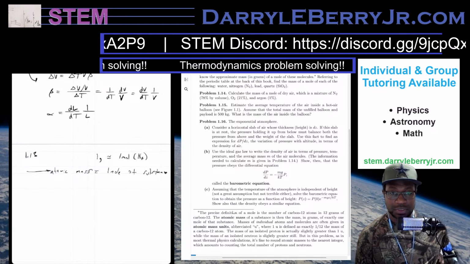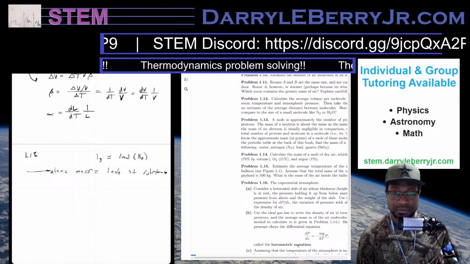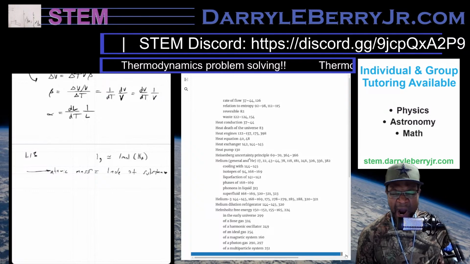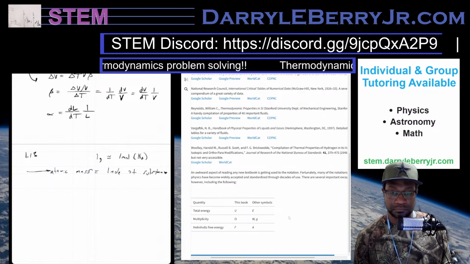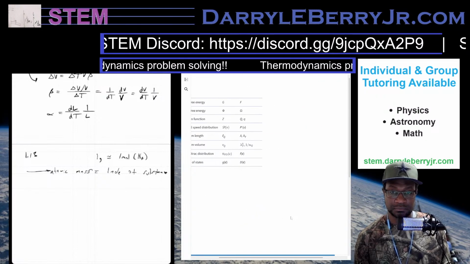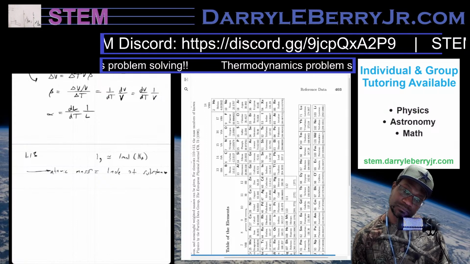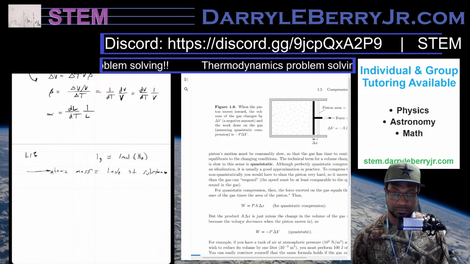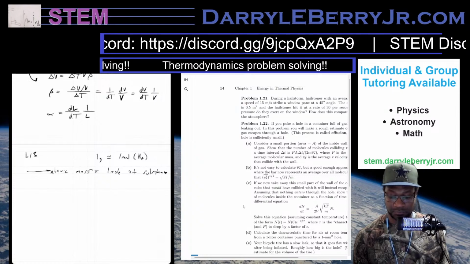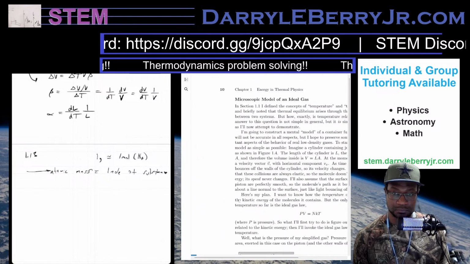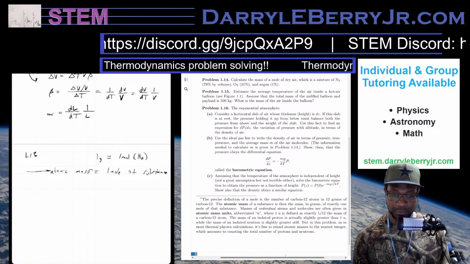So there is a unit table here. Carbon is 12. Go back in the footnote.